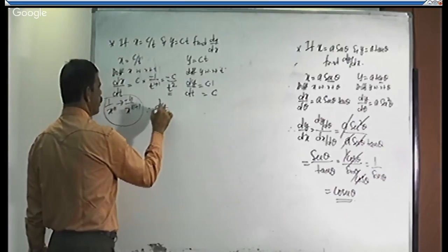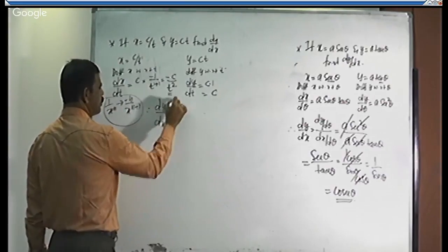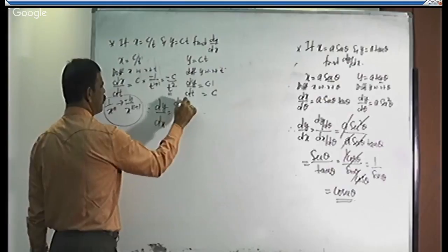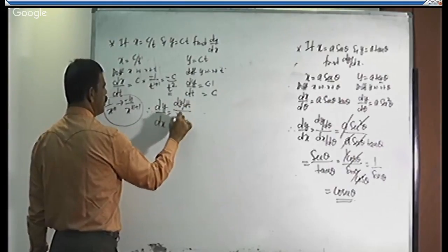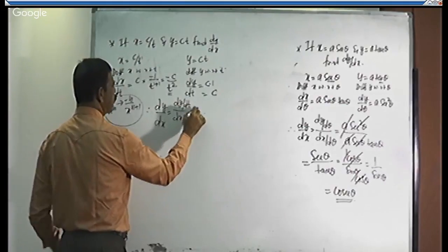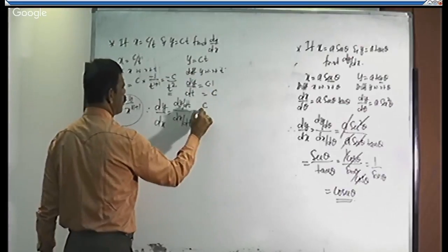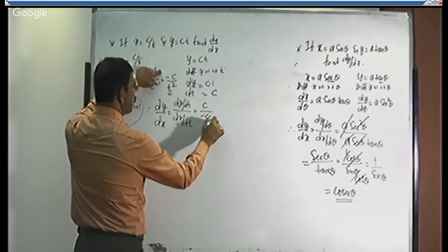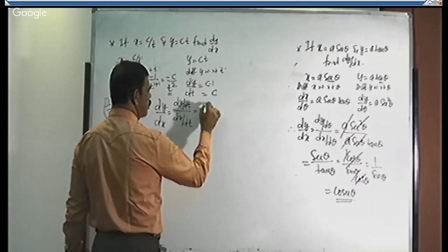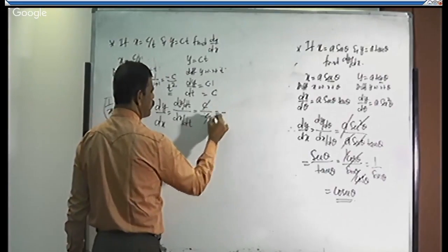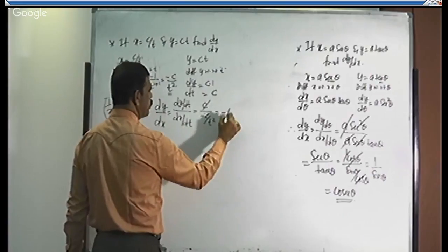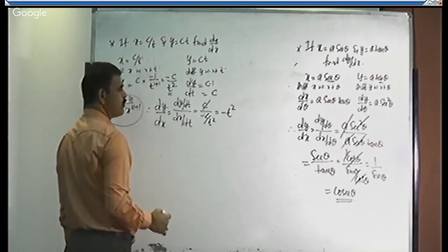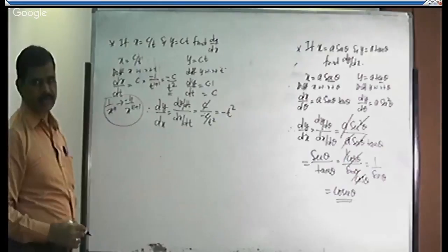Using parametric differentiation, dy by dx is dy by dt divided by dx by dt. What is dy by dt? It is c. What is dx by dt? It is minus c divided by t square. The c's get cancelled. Minus, this t square goes to the numerator. Minus t square is the answer.